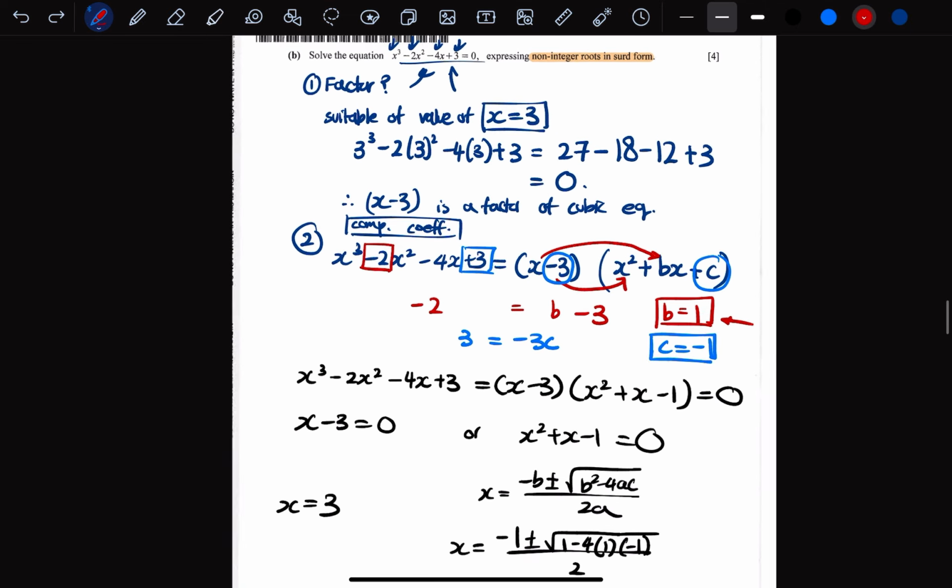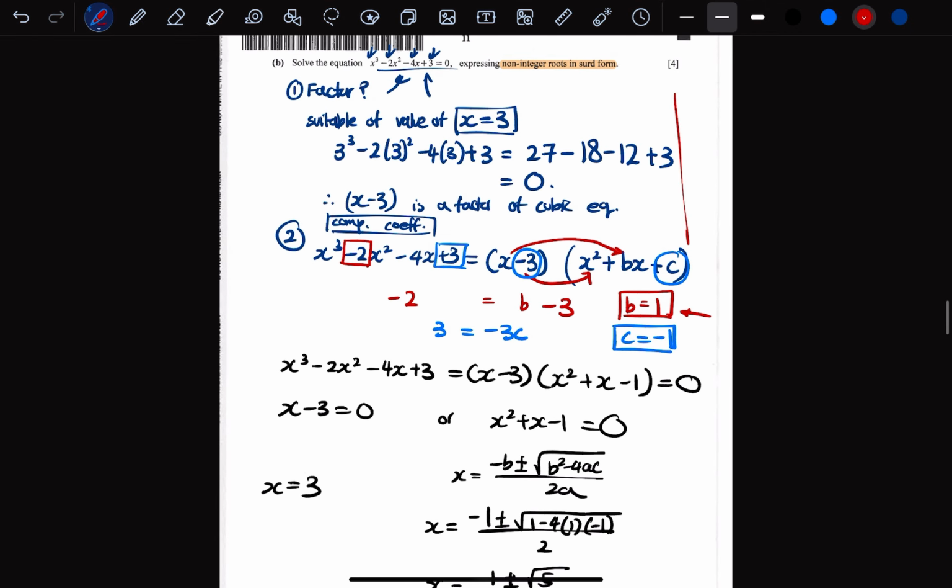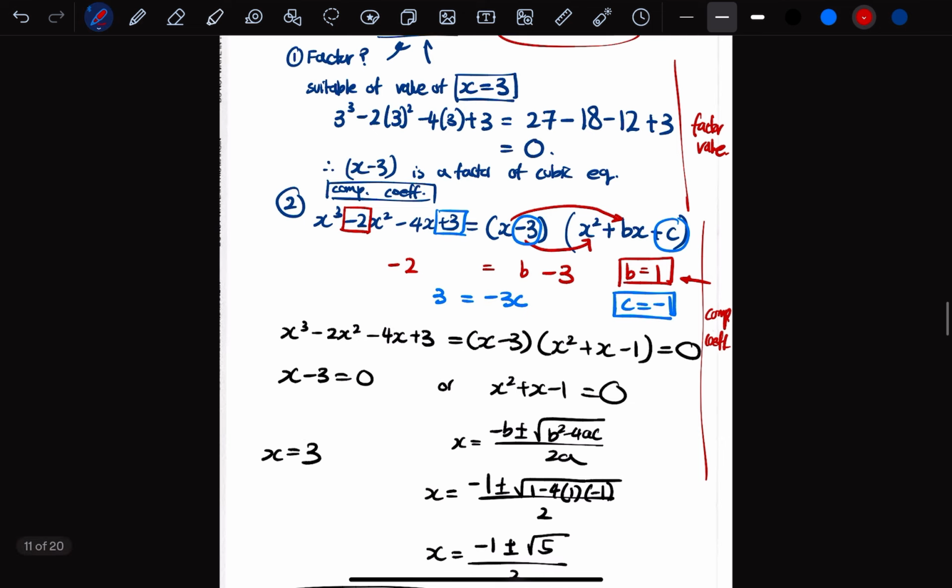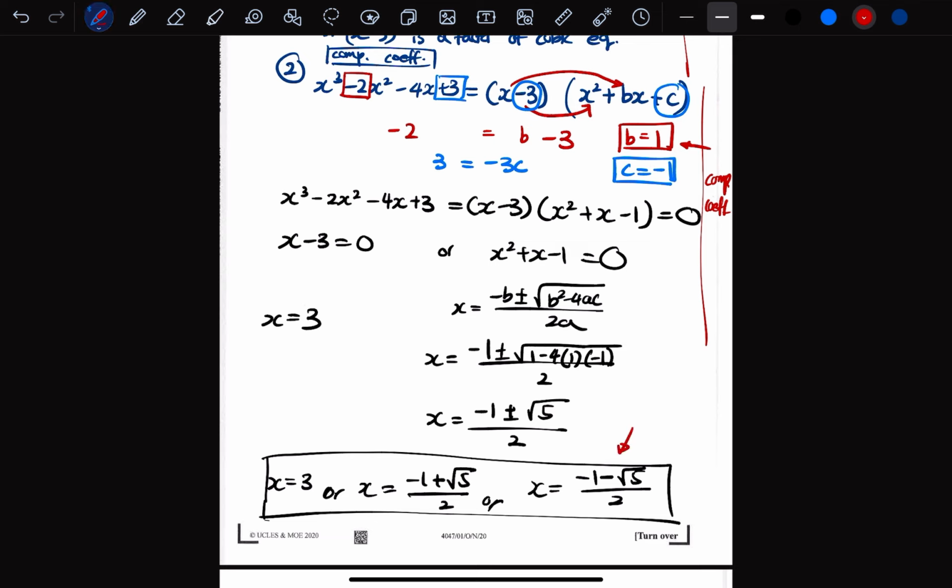And this part just tests you on your factor theorem, right? Finding suitable values to substitute in. And then the second part is more on comparing coefficients, which is a very important technique in A-Math. And lastly, to recognize this surd form, just make sure that you know you're supposed to solve your quadratic equation using your quadratic formula.